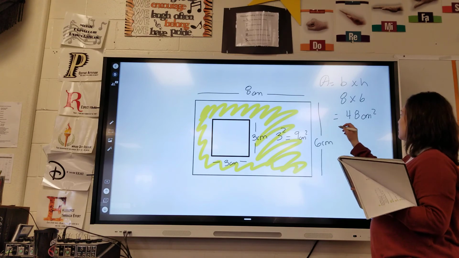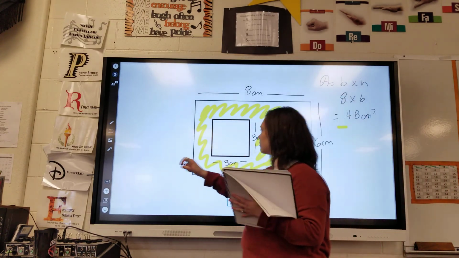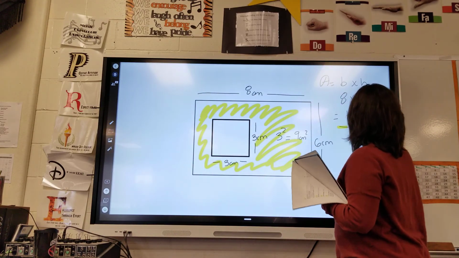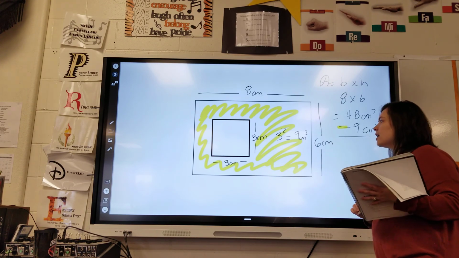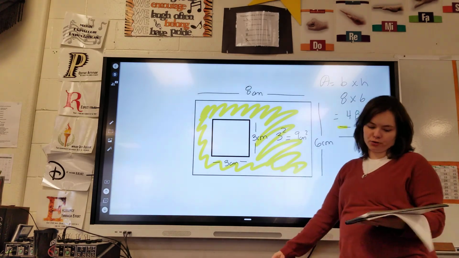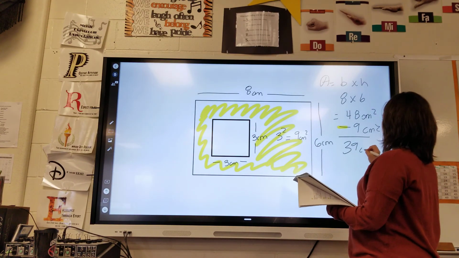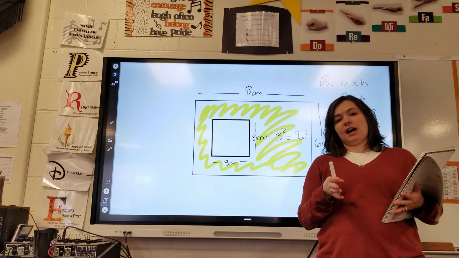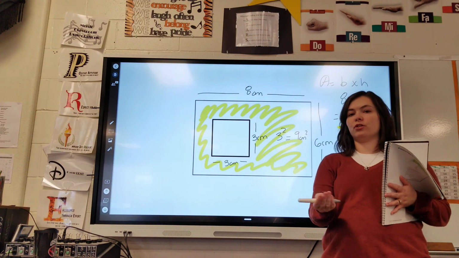So 48 minus 9 centimeters squared gives us the area of just the highlighted region, which is 39 centimeters squared.